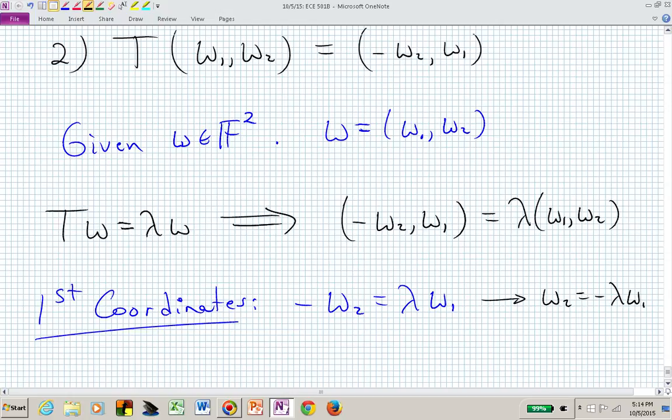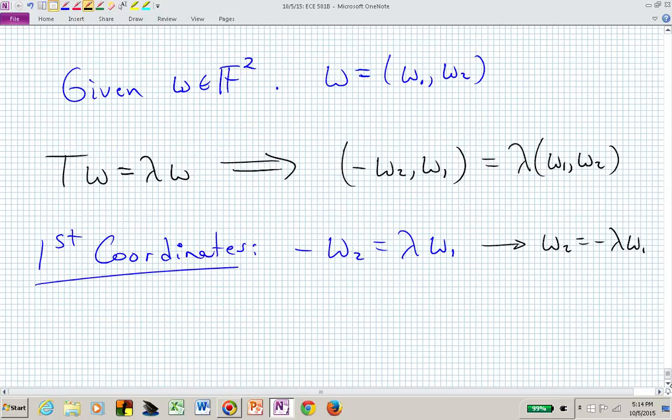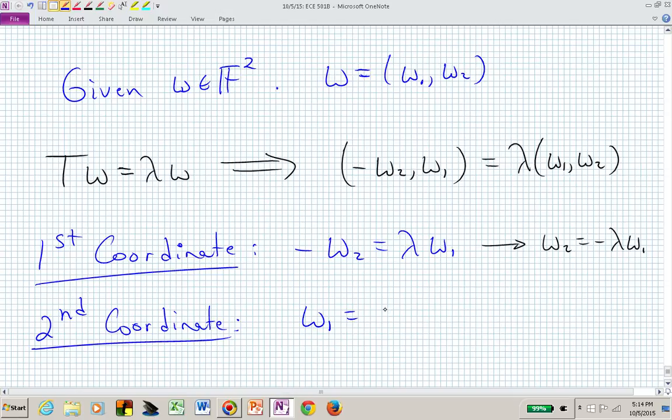Is that okay? Now we know we have a relationship between W2 and W1. Let's look at the second coordinate. The second coordinate now tells us that W1 is equal to lambda W2.